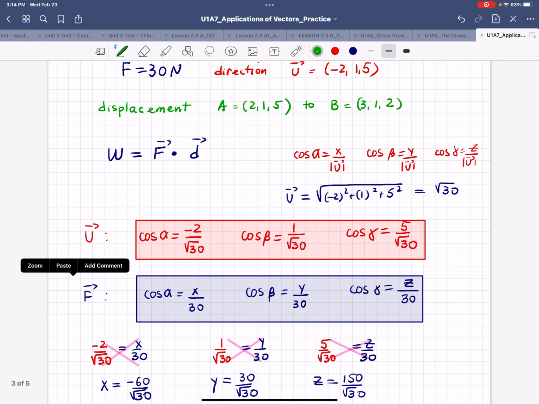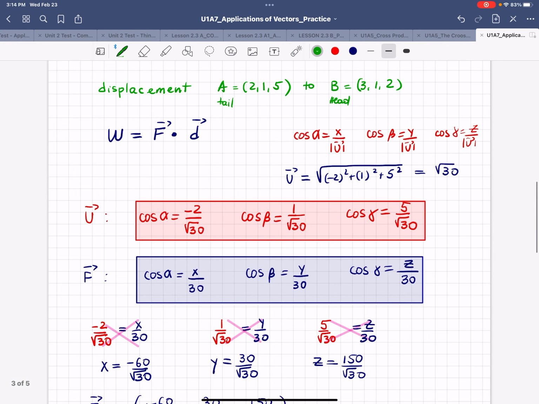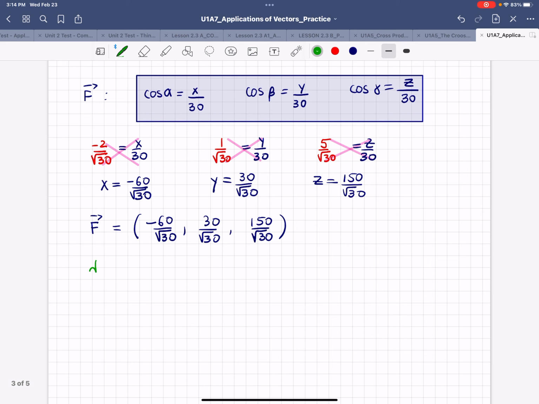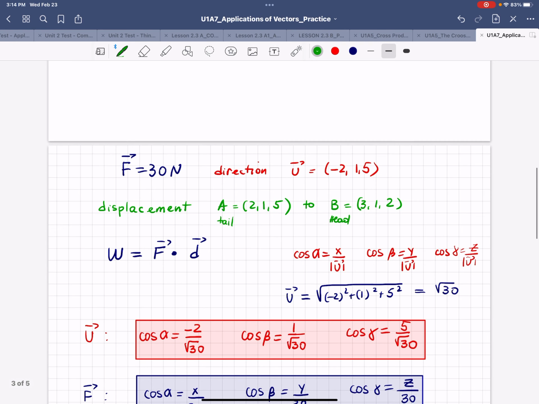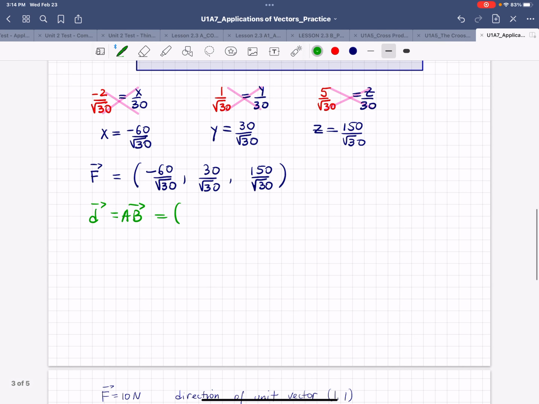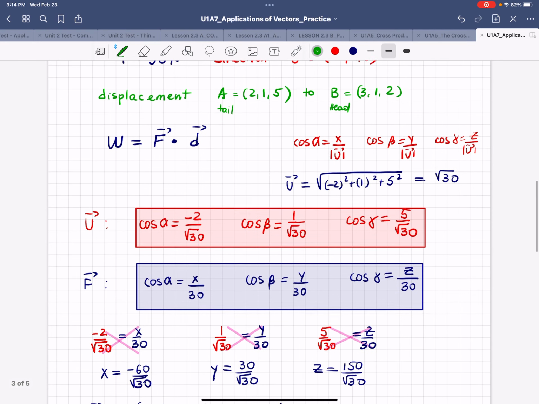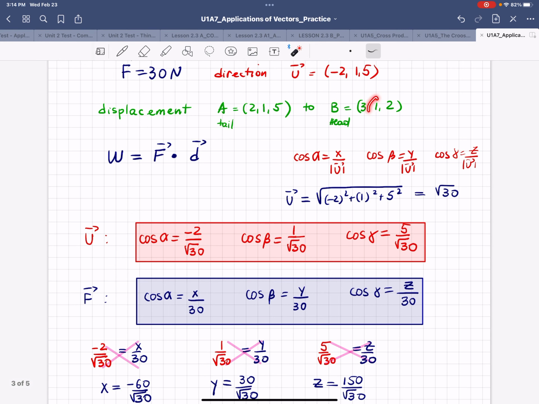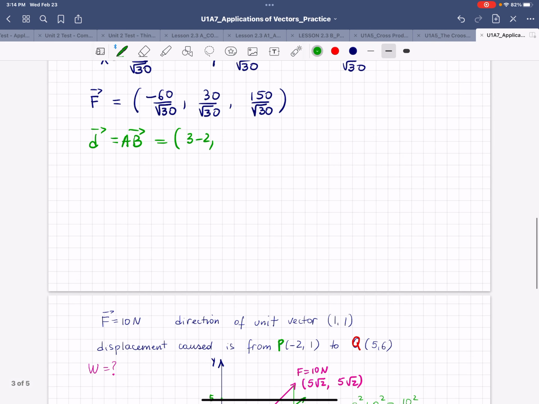So the displacement vector, since we're going from A to B, means that A must be the tail and B must be the head of the vector. To find the vector AB, we subtract the coordinates of A from those of B: x of B minus x of A. So the displacement vector AB equals 3 minus 2, that's 1, and then 1 minus 1 for the y coordinates, and then for z, 2 minus 5.